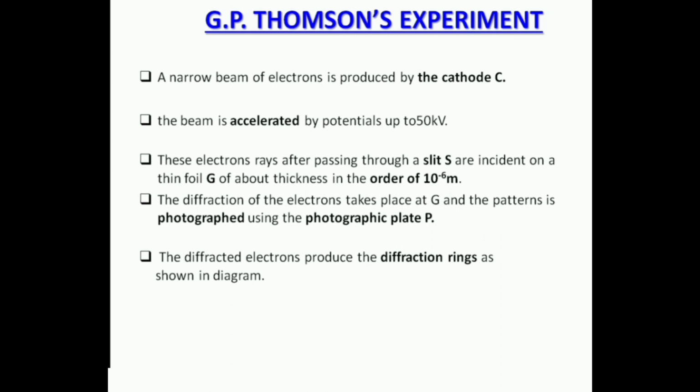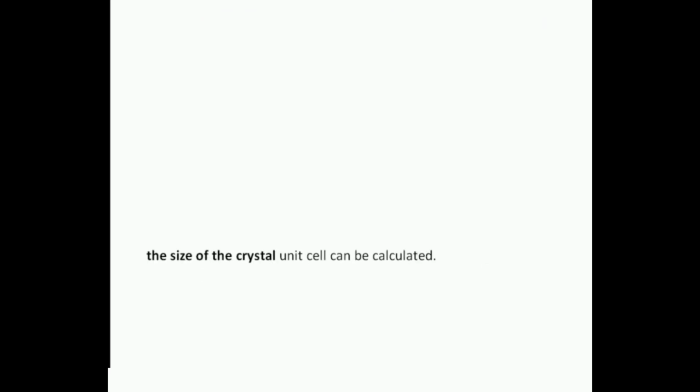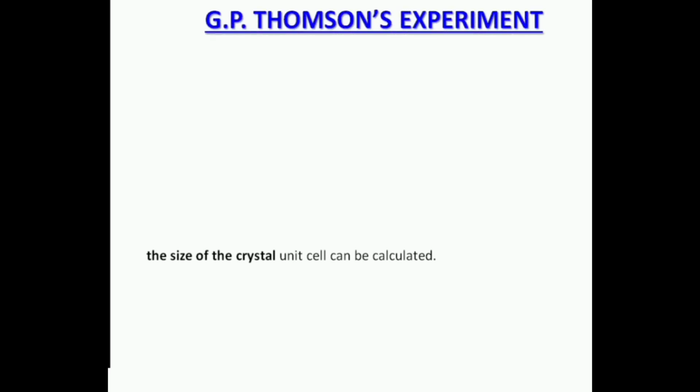The diffraction of the electrons takes place at G, and the pattern is photographed using the photographic plate P. The diffracted electrons produce diffraction rings as shown in the diagram in the last slide. The size of the crystal unit cell can be calculated.